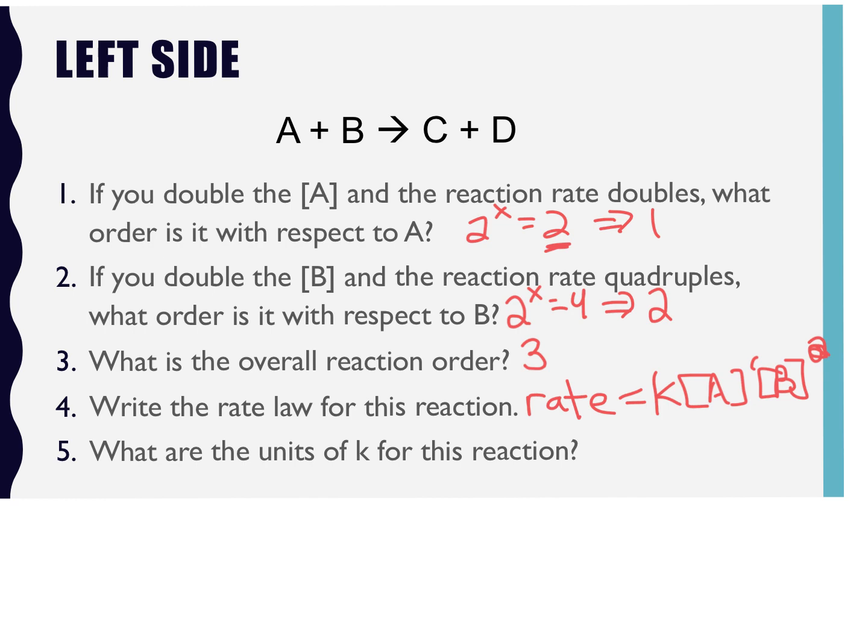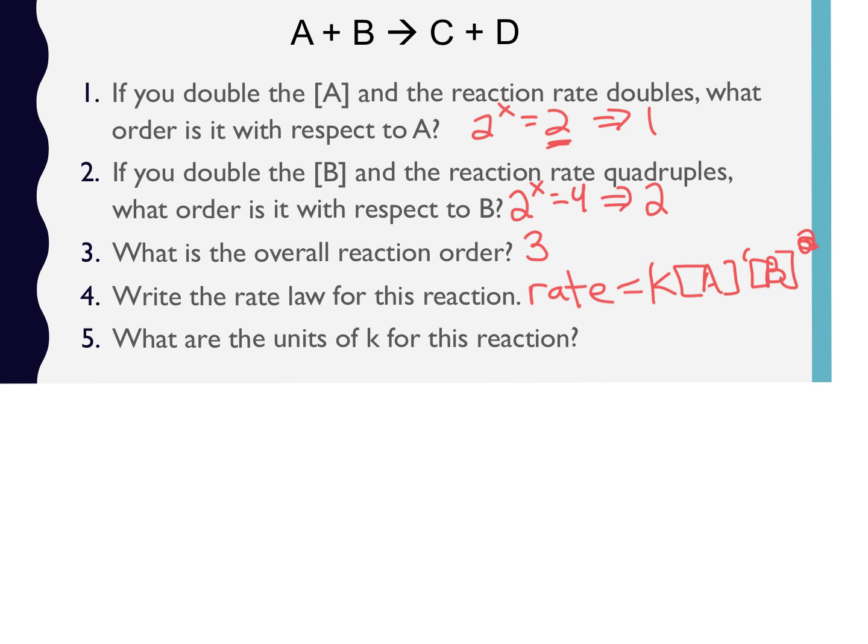The last piece is, what are the units of K for this reaction? Rates are measured in molarity per second. To figure out the units of K, we look at the units of the other things. The concentration of A to the first is just molarity to the first. B squared is molarity squared. So that's molarity cubed.